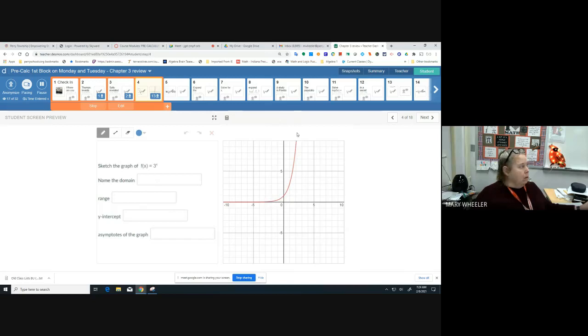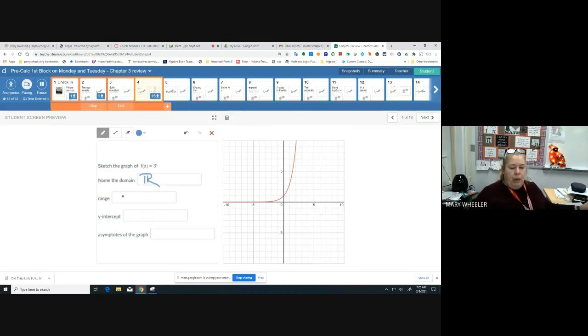It's a growth. My y-intercept is going to be 1. My domain is going to be all real numbers. Because I have negative x values, I have 0, and I have positive x values. My range, though, which are my y values, I'm only going to get an output that's positive.